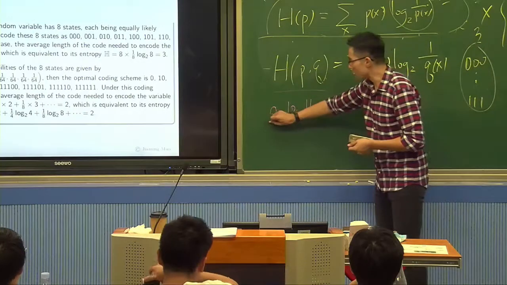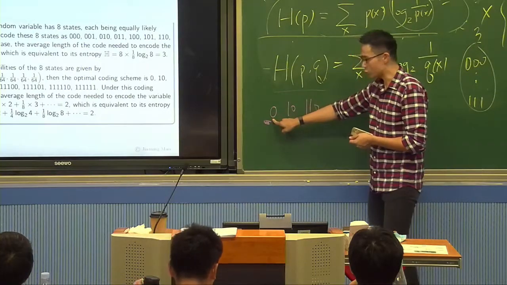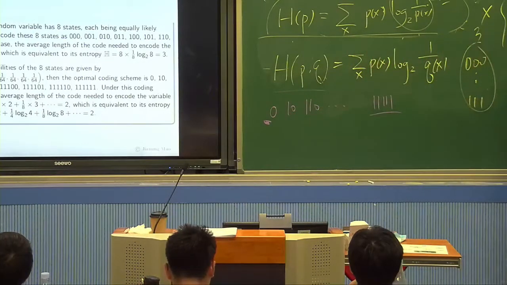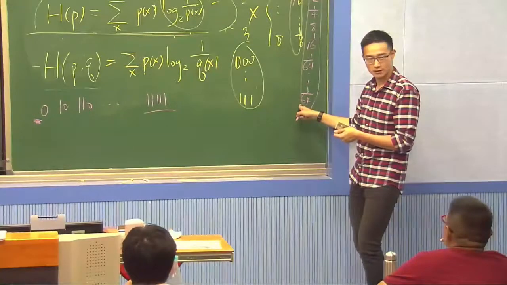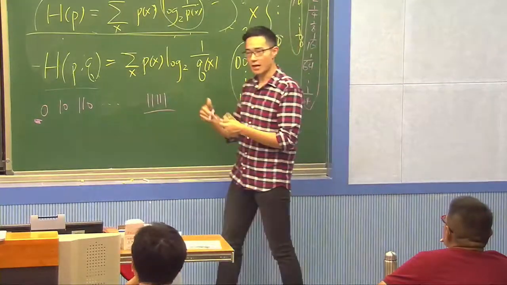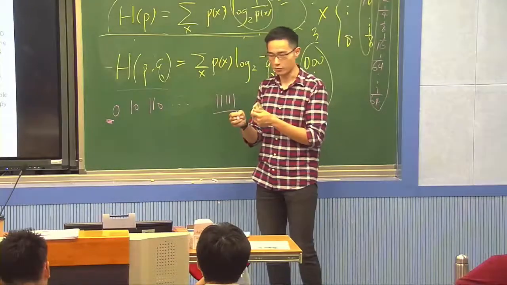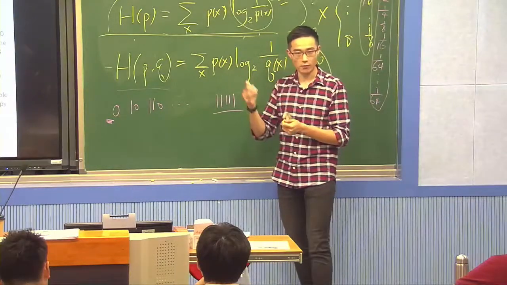In other words, we use a short code for events that are highly probable and a long code for events that are very unlikely to happen. In that case, the average amount of coding we need for this random variable can decrease from 3 to 2.